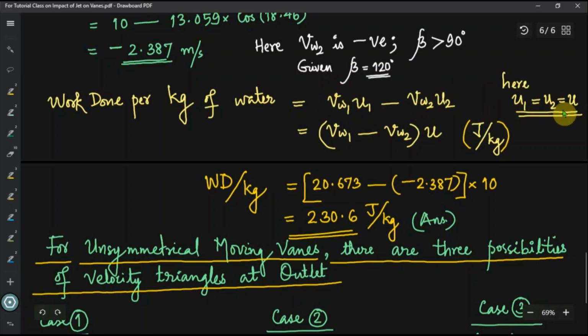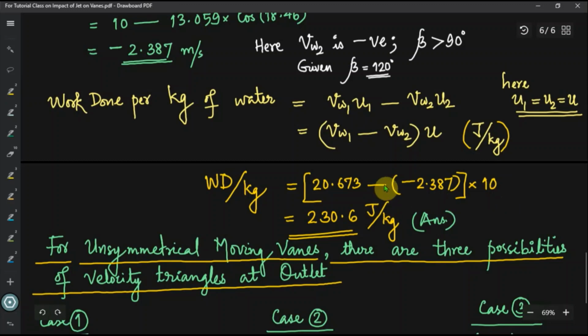Here U1 is equal to U2 is equal to U. Therefore that U can be taken out. So you will get VW1 minus VW2 into U, that much joule per kg. So it's a matter of substitution only. VW1 is 20.673 minus VW2. Remember VW2 is negative in this case. Therefore, in this relation 20.673 minus of minus 2.387, the whole thing multiplied by 10.